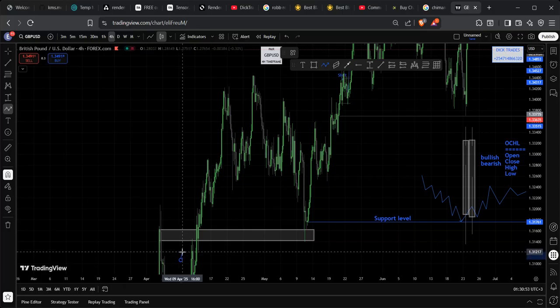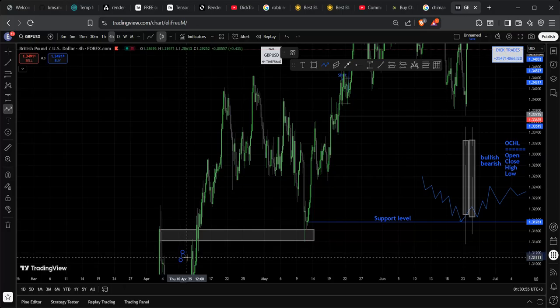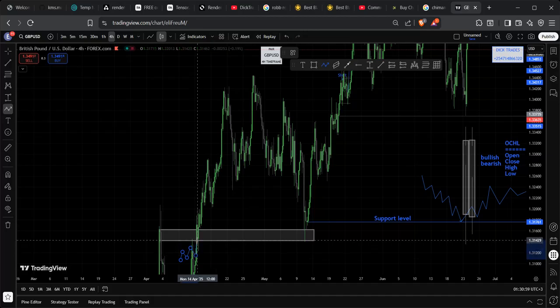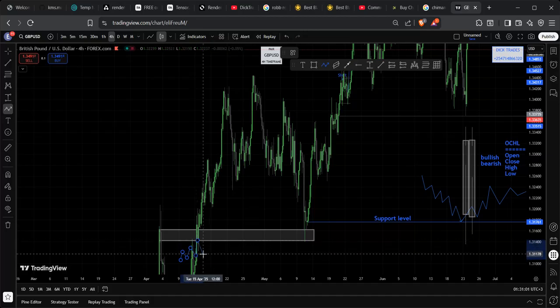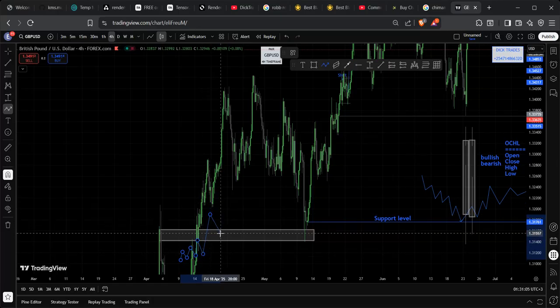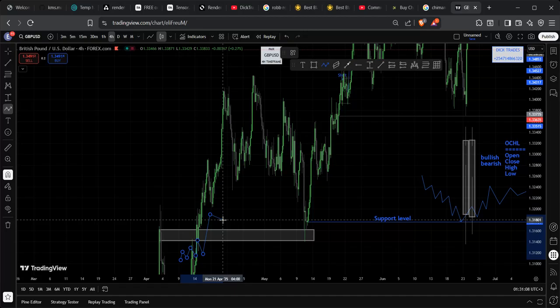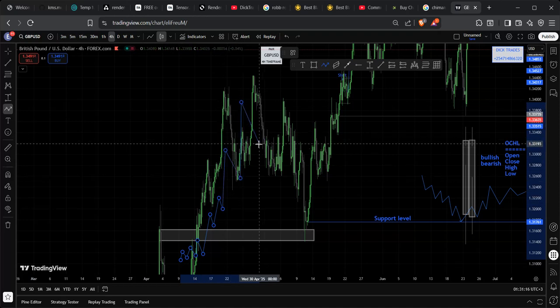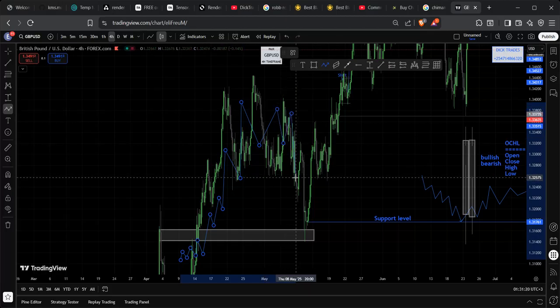Price comes slowly, no pressure. It comes up to the zone, goes back down, then shoots, breaks this level. Yeah, it didn't quite retest that level. It kept going. Then all of a sudden it got to a point, then decides to come back.